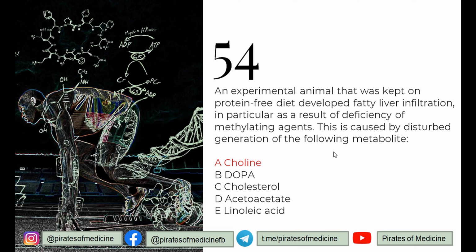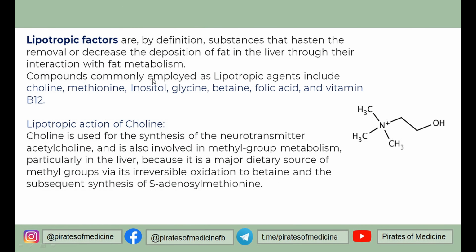So we have done this question before, not exactly, but we know some lipotropic factors that hasten the removal or decrease the deposition of fat in the liver through their interaction with fat metabolism. So they are like those guys in the factory which check if the machinery that is going on is working in good condition. So they check that if the fat coming in the liver is the same as the amount of fat going away from the liver.